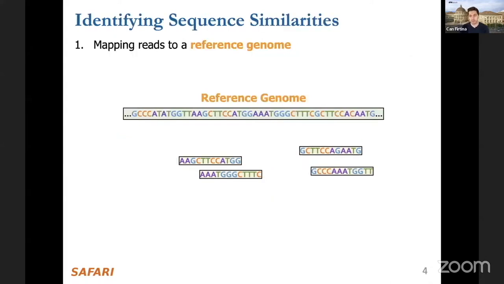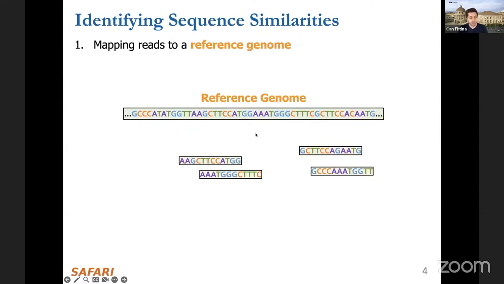There are several ways of finding the origins of the reads, which we will also refer to as identifying sequence similarities between a read and a genome. The first approach is known as mapping reads to a reference genome, or read mapping. We have a reference genome, which is a representative genome of a particular species, for example the human reference genome.